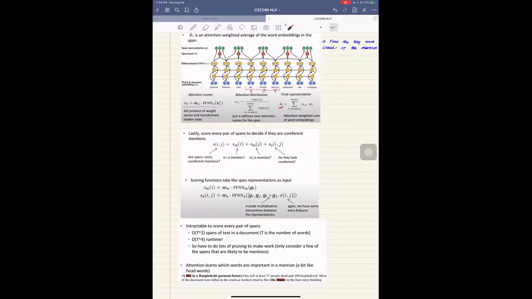What I can come up with is to use other sub models. For example, you can use named entity recognition. You can do an NER before you do the span representation. Or you can do a part of speech tag.